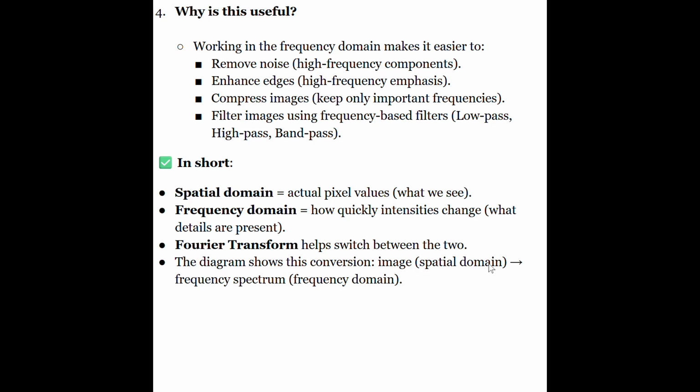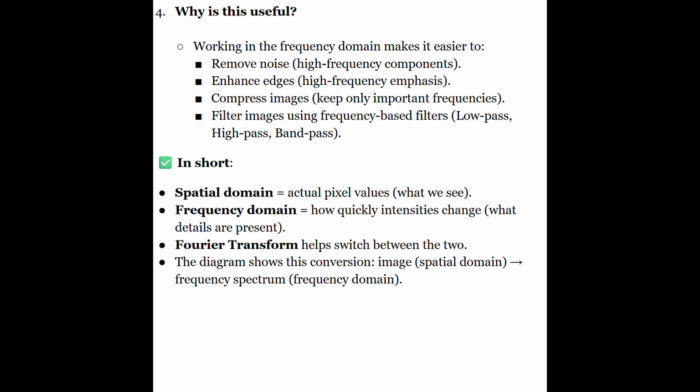Why is it so important to study the frequency domain? Working in the frequency domain makes it easier to remove noise. For example, very high frequency components can be considered as noise. Then to enhance the edges, here also high frequency emphasis is given.